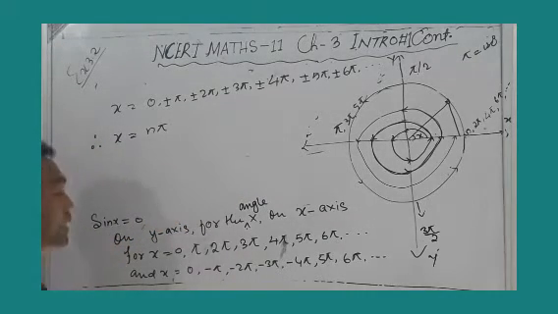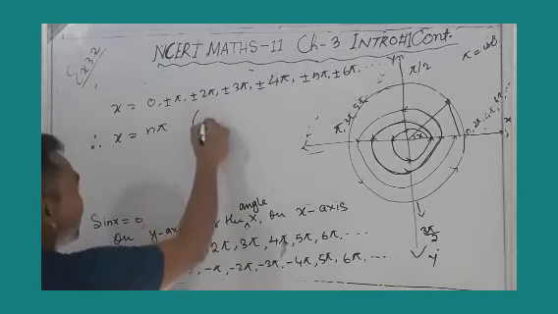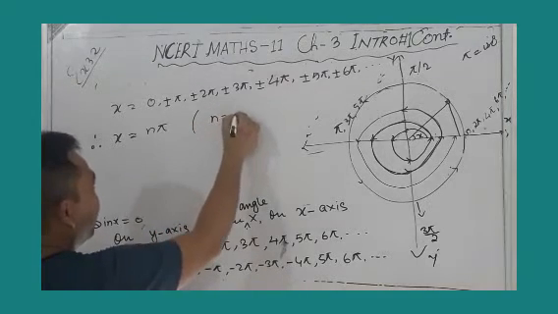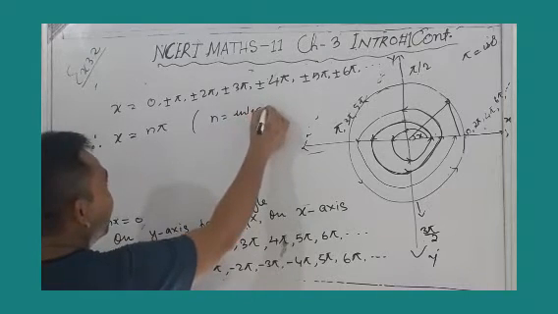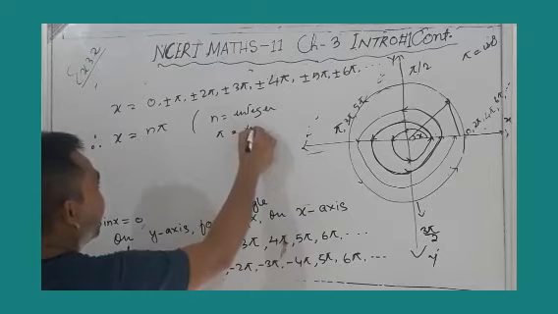What is n? n is an integer. And pi is the integral multiple.